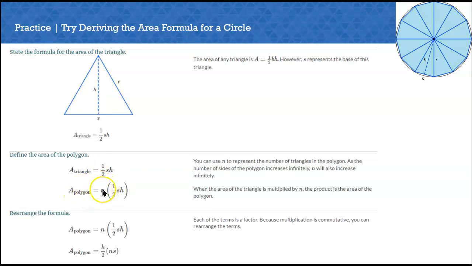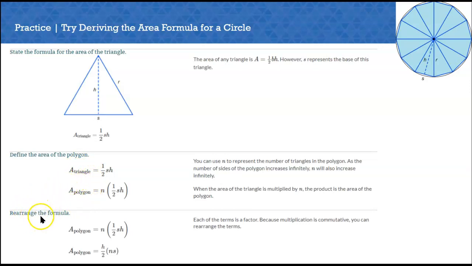This gives us n, the number of sides, where the area of a triangle is multiplied by n. The product is the area of any polygon. So notice that now we went from a triangle to any polygon.